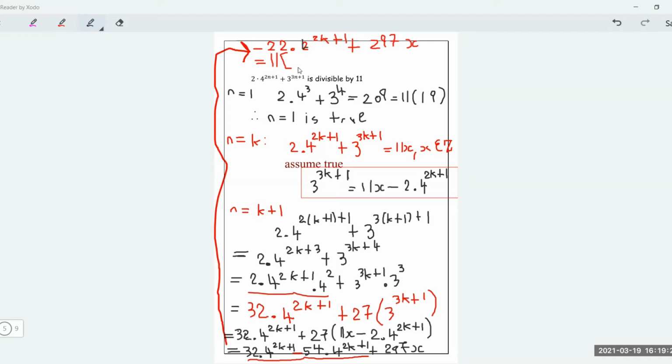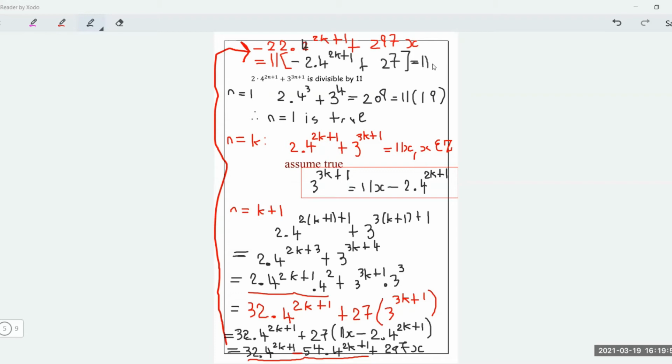Factor out your 11 and you're left with minus 2 times 4 to the 2k plus 1, plus, when you factor out 11 from 297, we're left with 27x. So this works out to be 11 times some number.